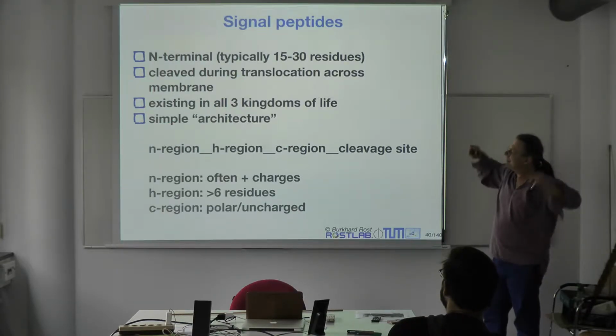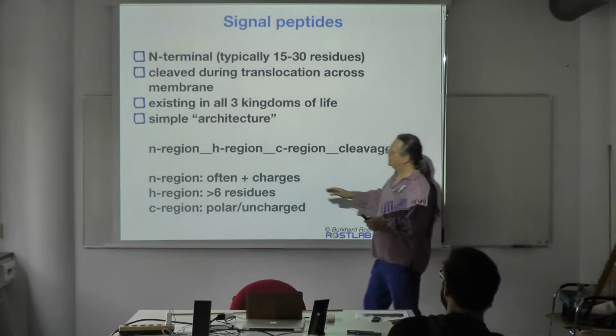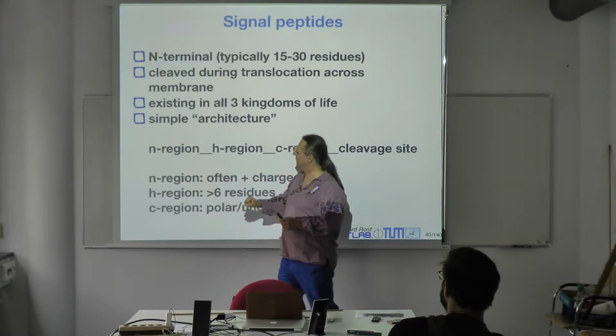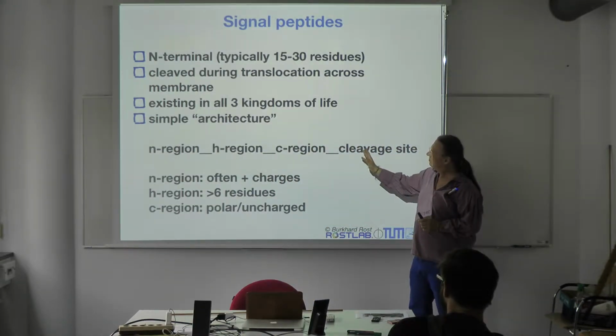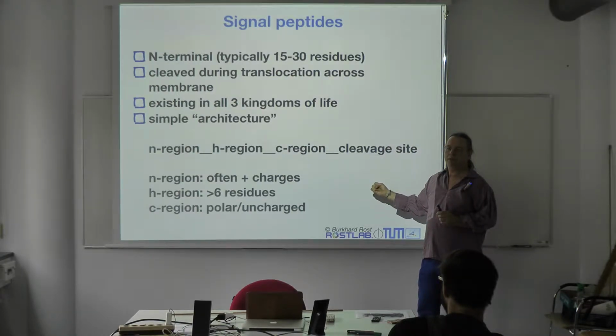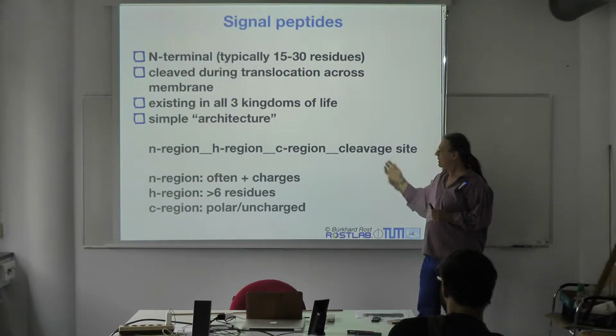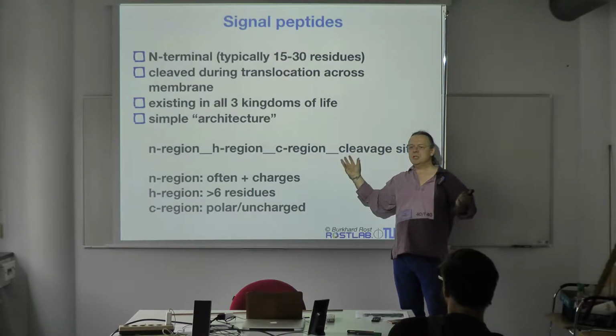And they have a relatively simple, let's call it architecture. So they have a beginning of the protein region, there's a hydrophobic region, there's the region just before the cleavage site, and there's the cleavage site. So now you can imagine, if you have something like that, how can you use that to predict?